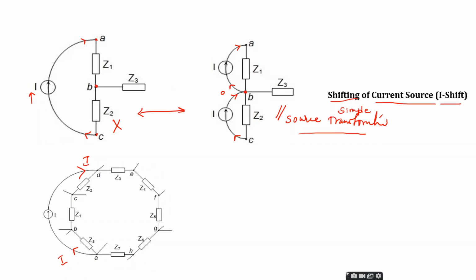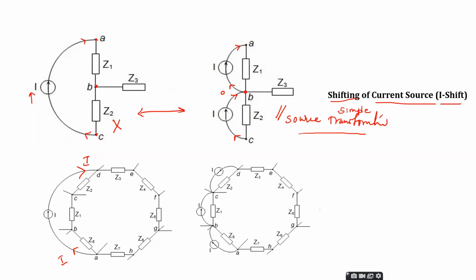Instead of this, I do modify the given circuit here. Instead of one source, three sources are used. From node A, I current is leaving. To the node D, I current is entering.